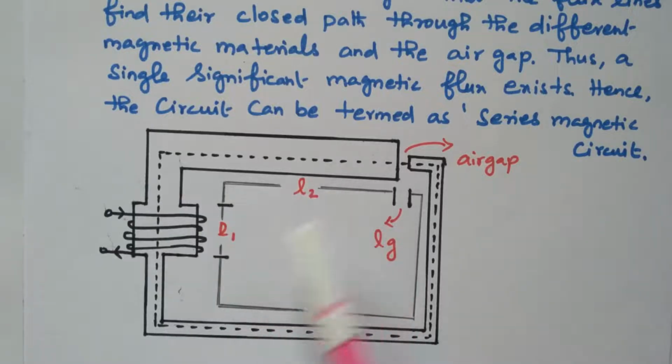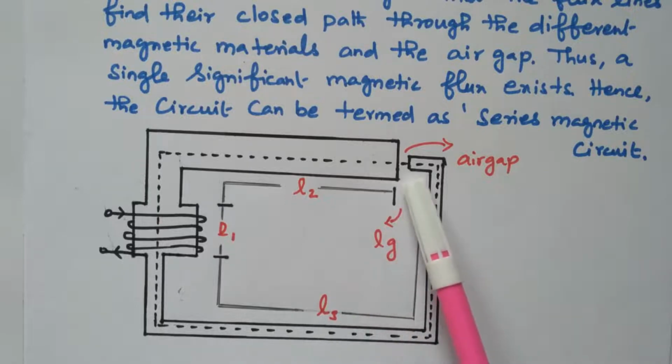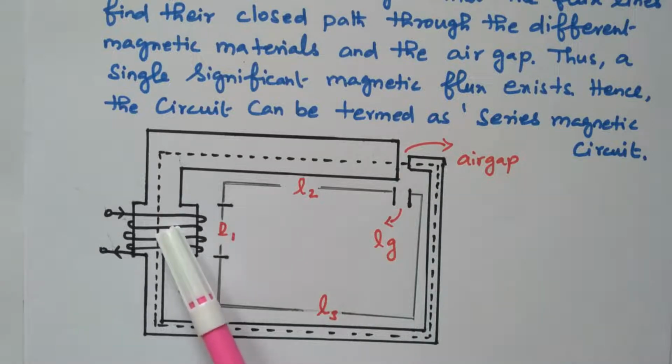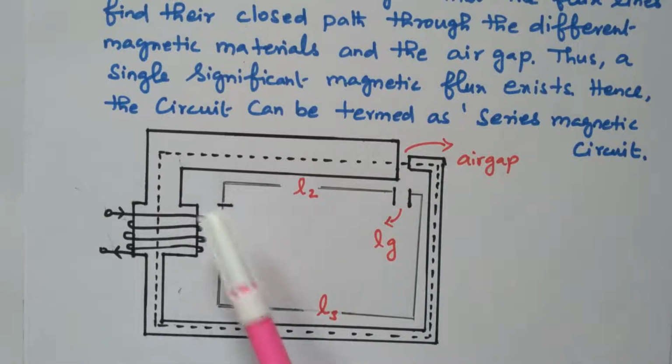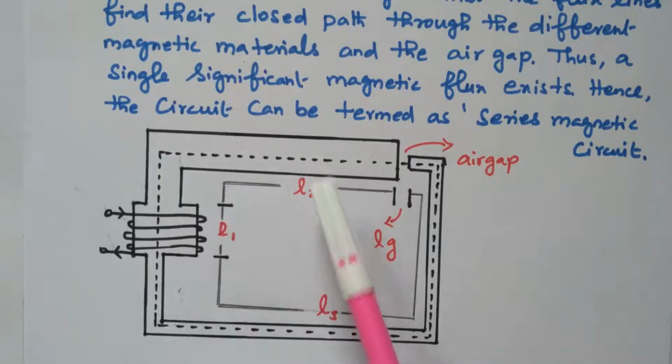On the other side we have L3, the third type of magnetic material with length L3. The thickness is very small, and in between we have an air gap also available.